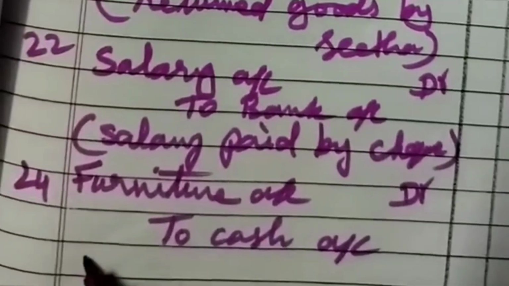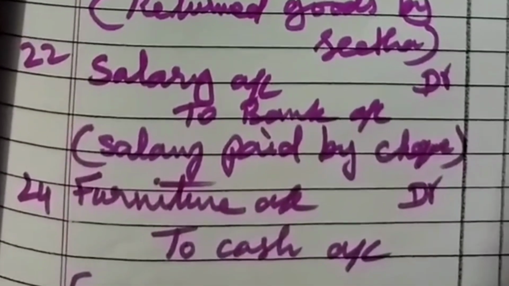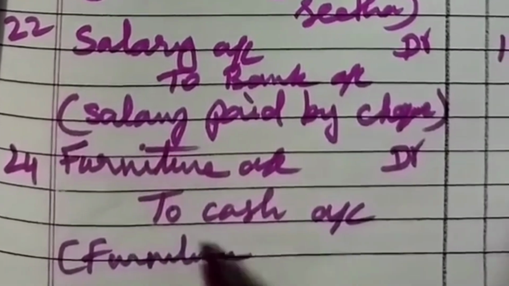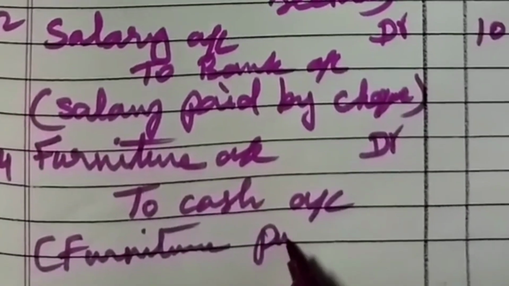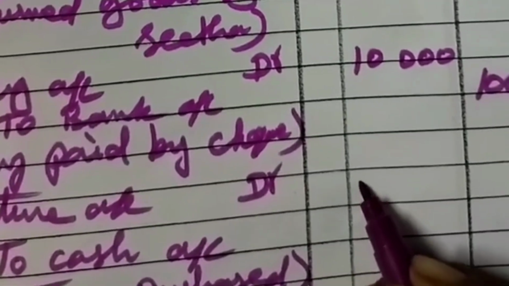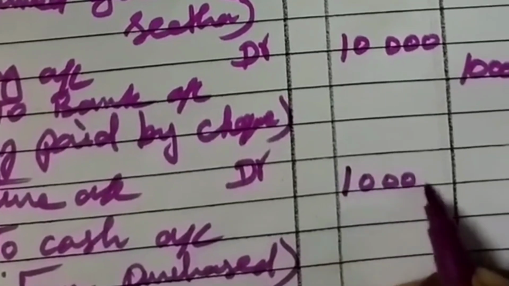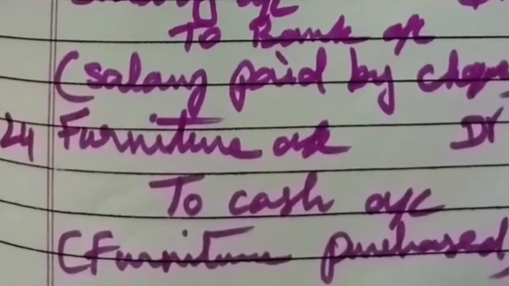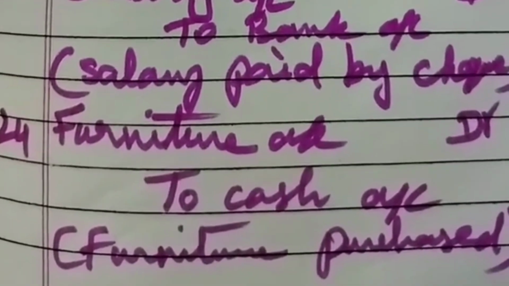Narration: Furniture purchased. Okay, what is the amount? 10,000. So under the debit 10,000, under the credit also 10,000. Okay, now we can go to the next transaction.